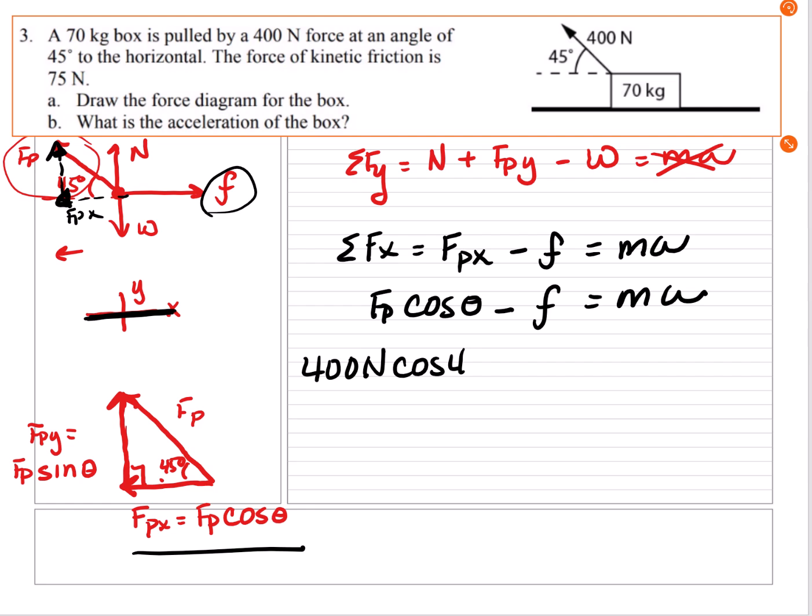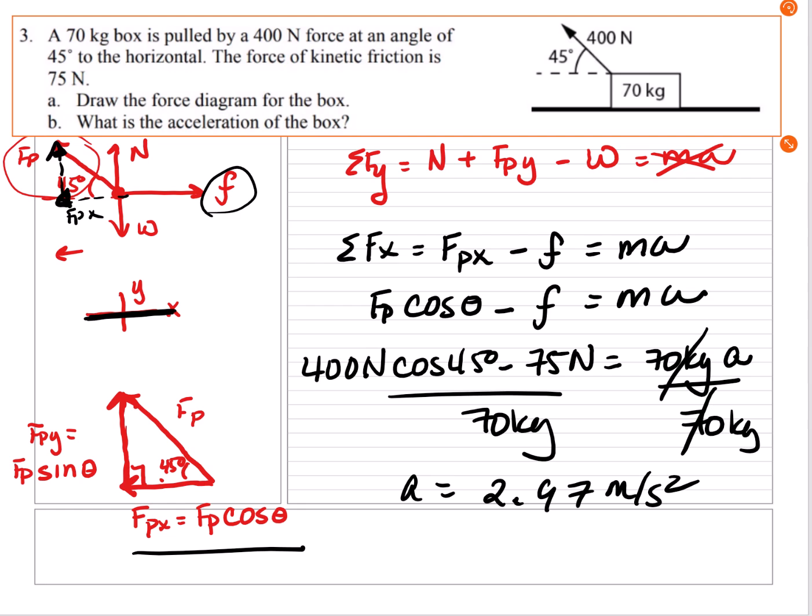Cosine angle is 45 degrees minus 75 newtons that was given. This is equal to the mass, which is 70 kilograms, times acceleration. So I need to divide both sides by 70 kilograms.